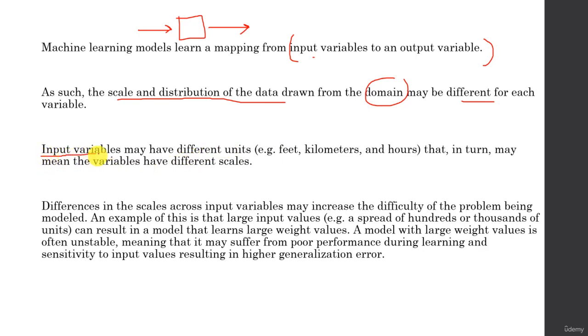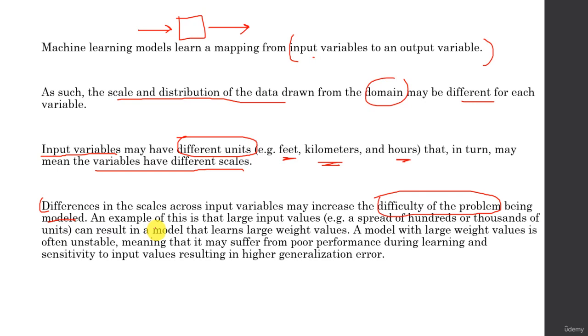Similarly, our input variables may have different scales or different units. Maybe some are measured in feet, some in kilometers, and some in hours. Different values. That in turn may mean that variables have different scales. Now, these differences in scale across input variables may increase the difficulty of the problem being modeled.